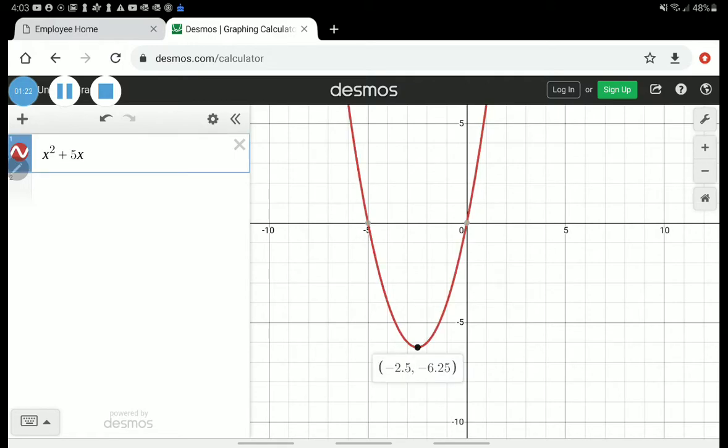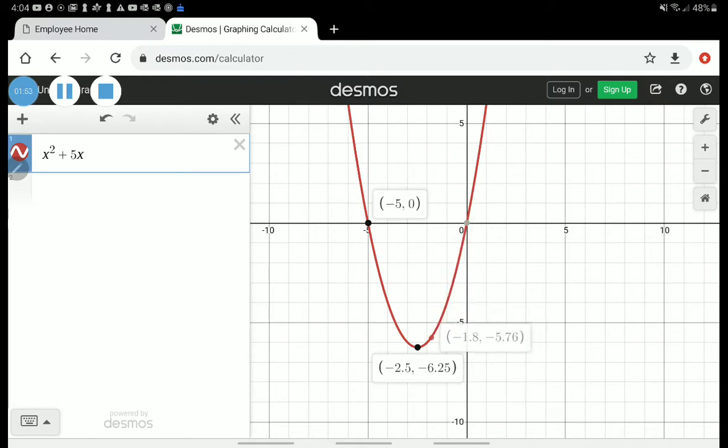If we were to come in from the left-hand side, you can see I'm moving along that graph, and I want to get close to x equals -2. So there I am, close to -2, and from the left you can see we're getting close to that -6.